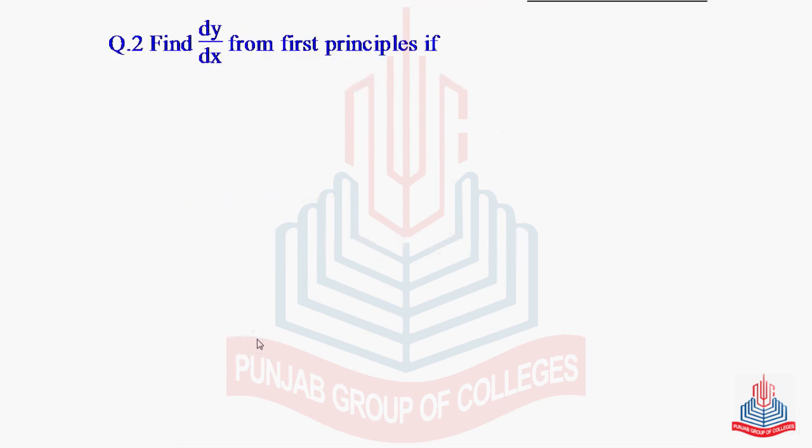Question number 2. Find dy by dx from first principles if the function is square root of x plus 2. Let me start our solution.